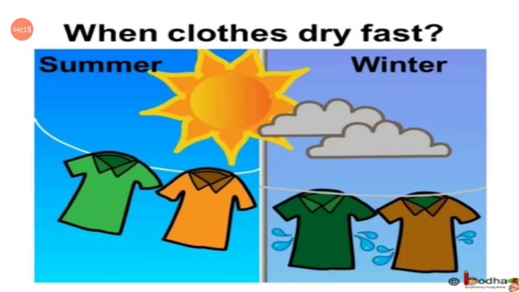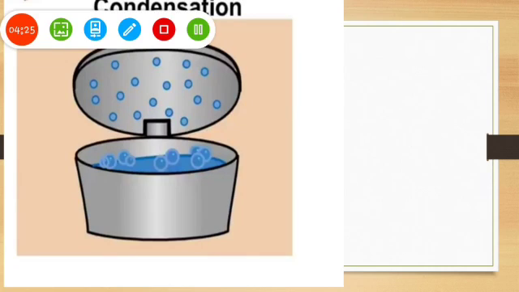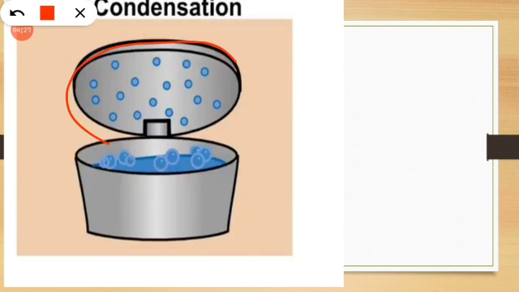The second process is condensation. If you cover the boiled water with a lid, you will observe tiny droplets of water on the inner surface of the lid. Why does this happen?